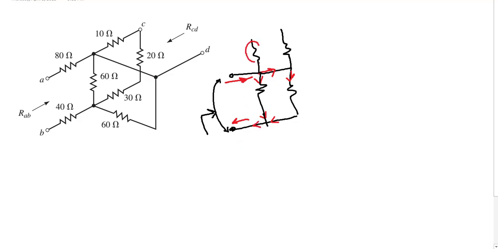So this resistance and this resistance, even though they are connected to these points, are really not in the circuit because there is no current going out. The current cannot circulate back to the other terminal, since there is no path for that current, so these two resistances are not in our circuit.